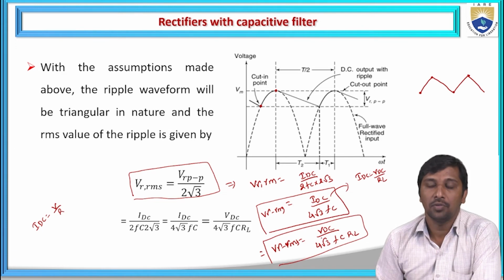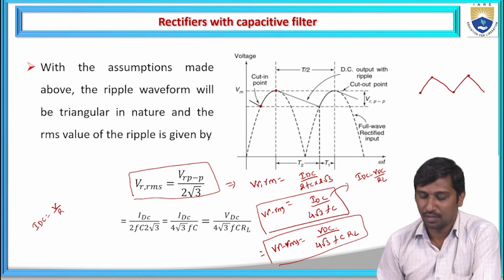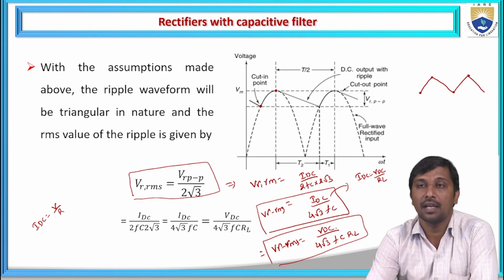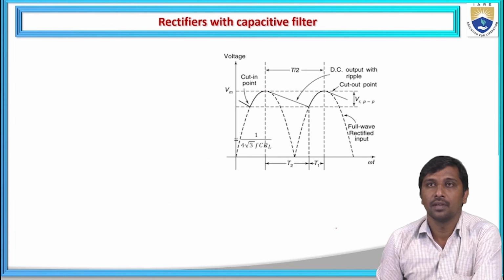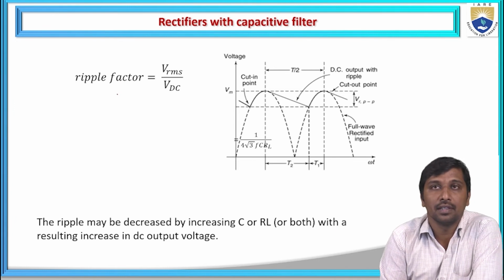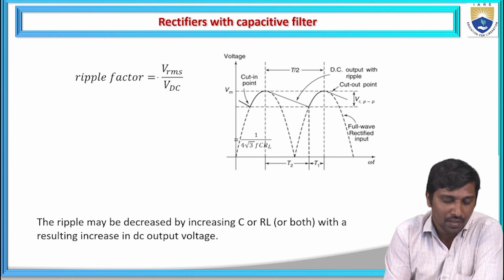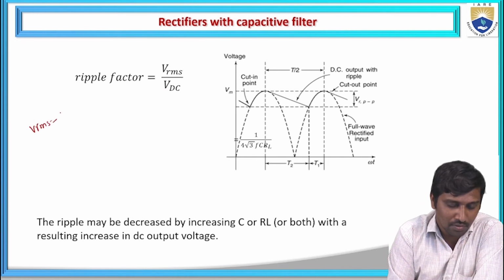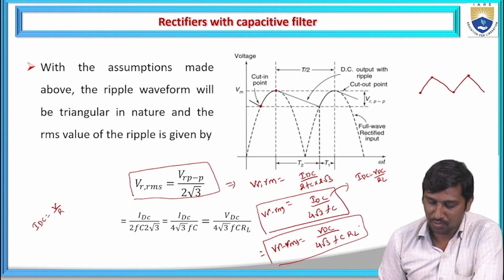Now, using this, we are going to calculate the ripple factor of the capacitive filter, and based on that we need to observe how this capacitive filter reduces the ripples of a pulsating DC or rectifier output. We know that the ripple factor is defined as the ratio of the AC component to the DC component. Just now we observed that the AC component is VDC by 4 root 3 into FC into RL.